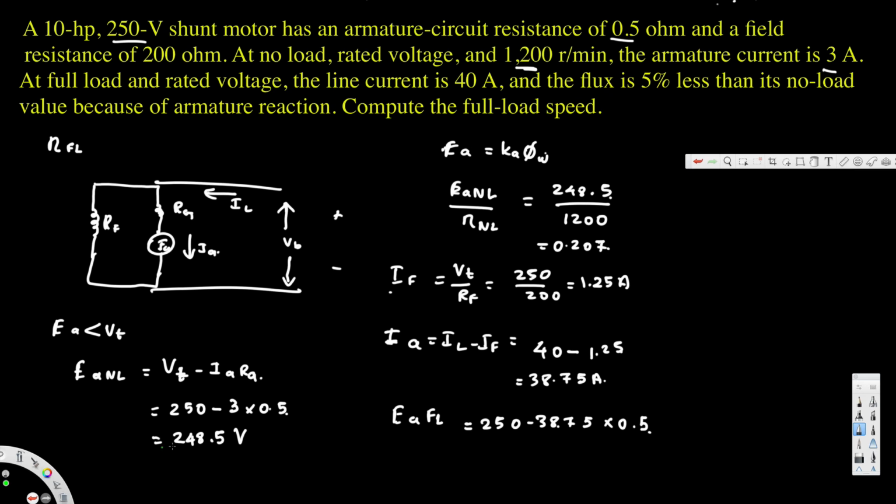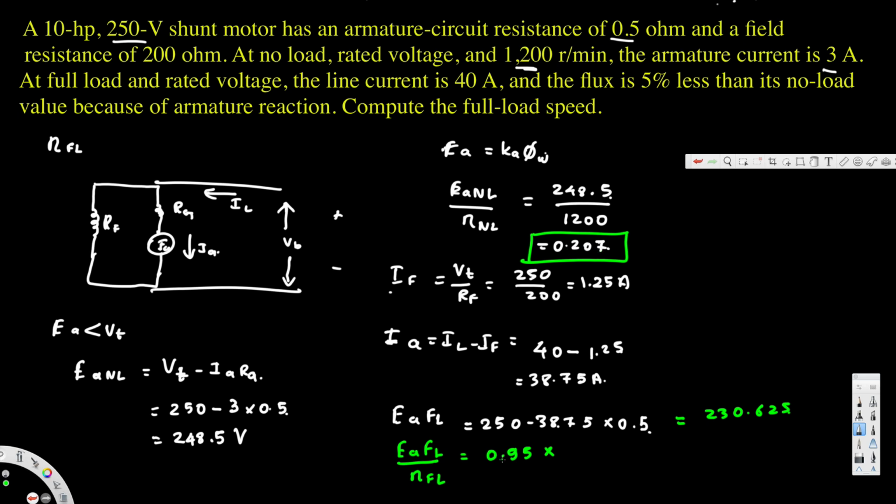Our main purpose is to find out the speed, and EA FL over the full load speed is 95% of the no load value, so we just have to multiply 0.95 times, okay, EA full load is 230.625, and 0.95 times the no load value we calculated to be 0.207.